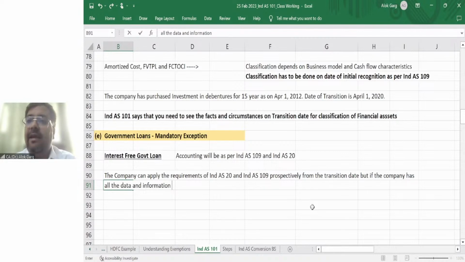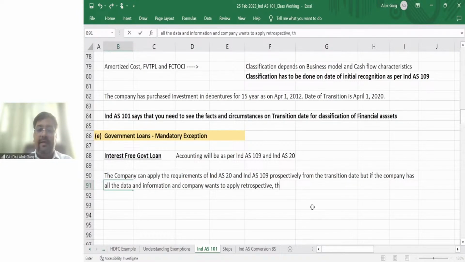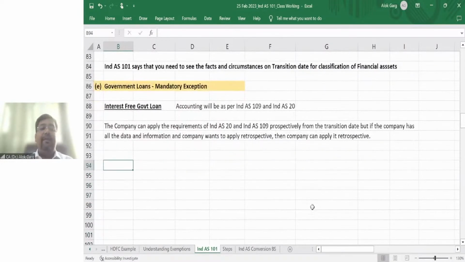So that is why they have said that the company can apply the requirement of Ind AS 20 and Ind AS 109 prospectively from the transition date. But if the company has all the data and information and wants to apply retrospectively, then the company can apply it retrospectively, right?